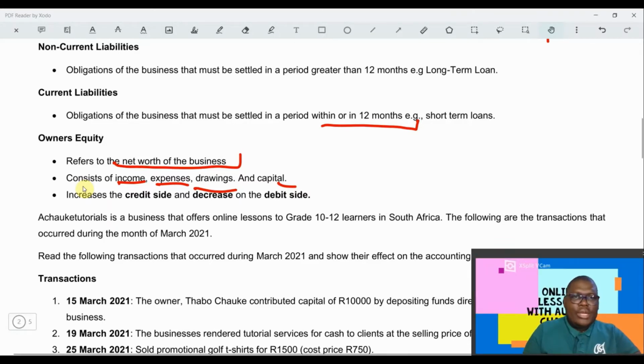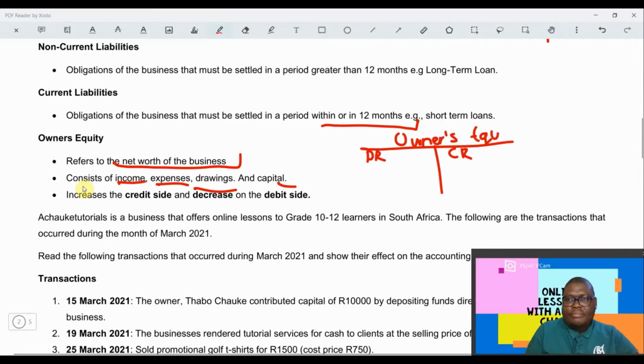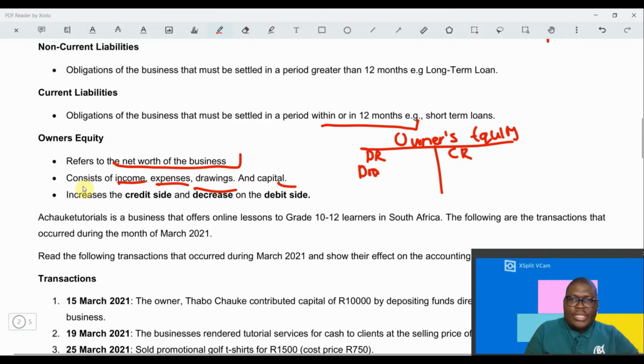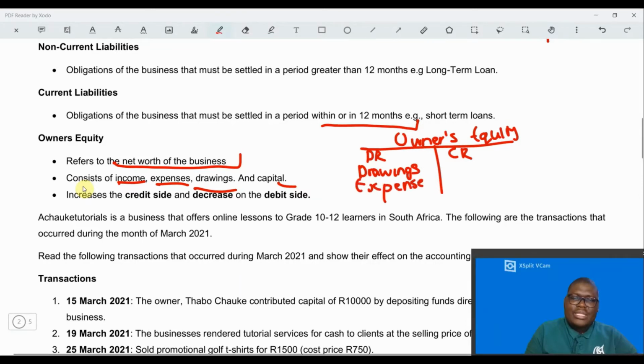Okay, so now in terms of the owner's equity, let's say on the debit side, the things that will affect the debit side and the things that will affect the credit side for owner's equity, you need to think about this. I'll just write them. You will have your drawings here, and then you will also have your expenses this side.